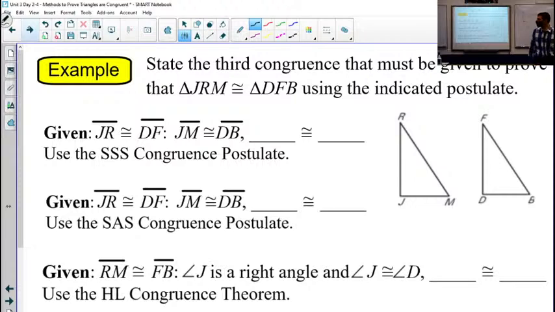But what I'm trying to say is that each of these postulates would need three pieces of information for you to tell me the triangles are congruent. So I'm telling you two of them, give me the third. That's the idea. So let's say I wanted to use side, side, side. What I like to do a lot of the time is write whatever I'm using, and then when I've proven one, cross it off.